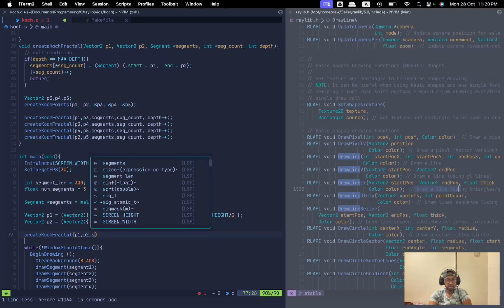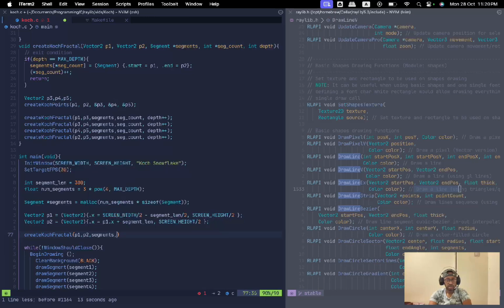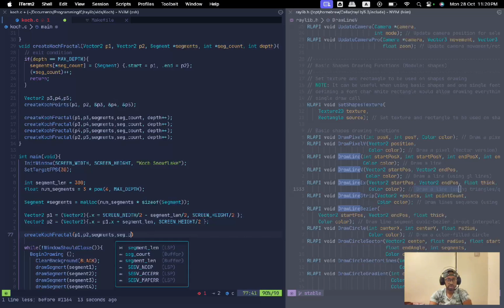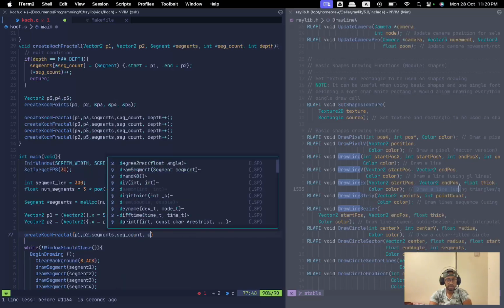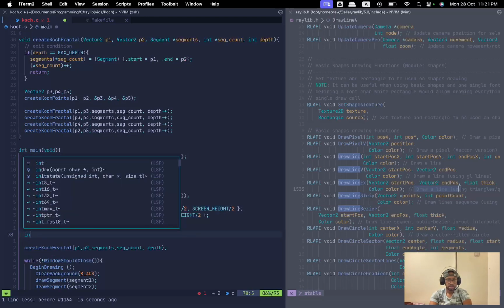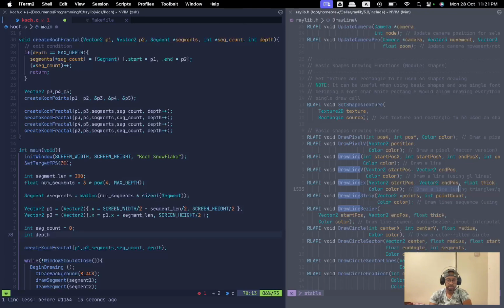Our segments array, my seg count, which I don't have for now, and my depths, something like this. So let me create two variables. First is the int seg count, which is currently 0 segments. And depths again, which is 0.